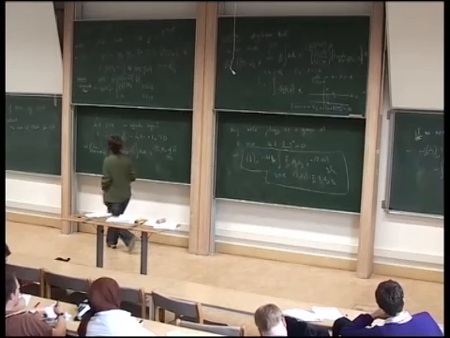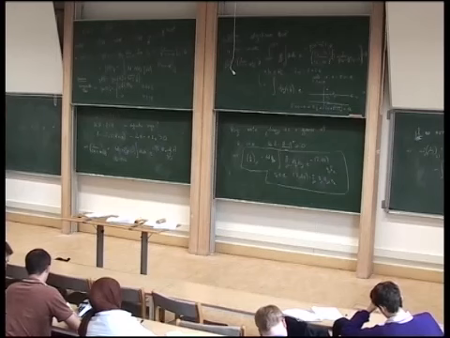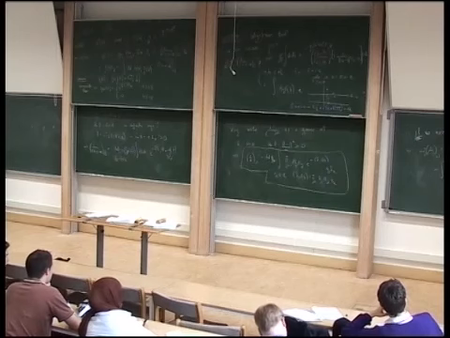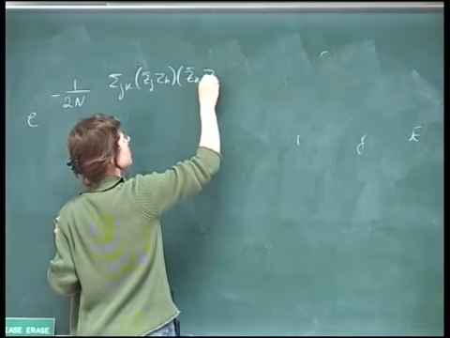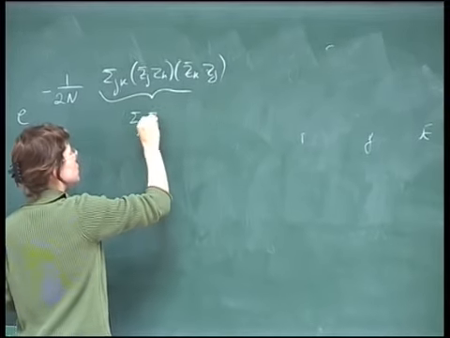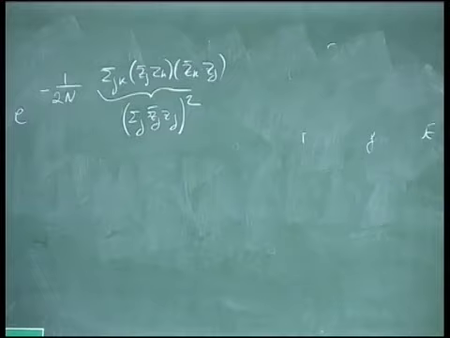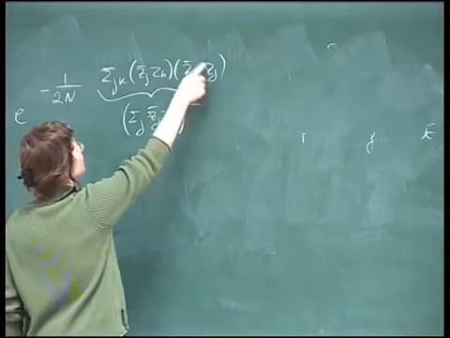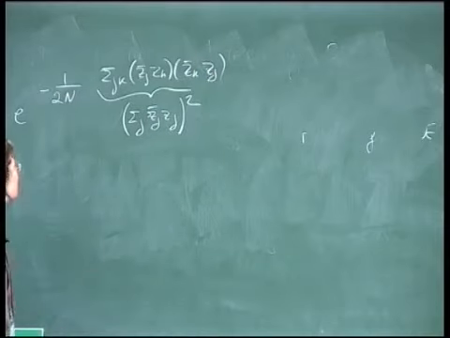And I write here. Well, I can reorganize this sum in the following way. This is the sum over j, z bar j, z j, squared, because I just move the zj here, the zk here, there, and this is just a square of a sum.